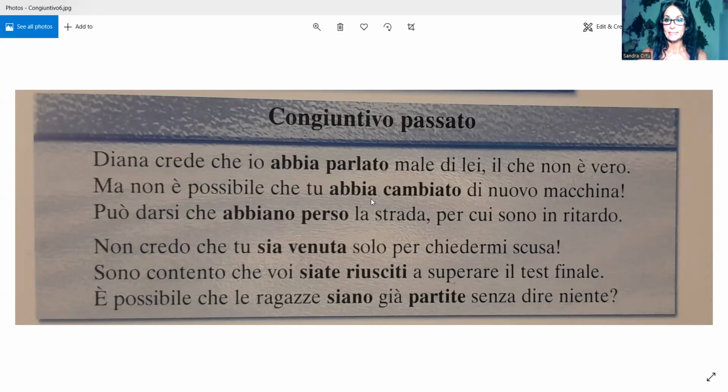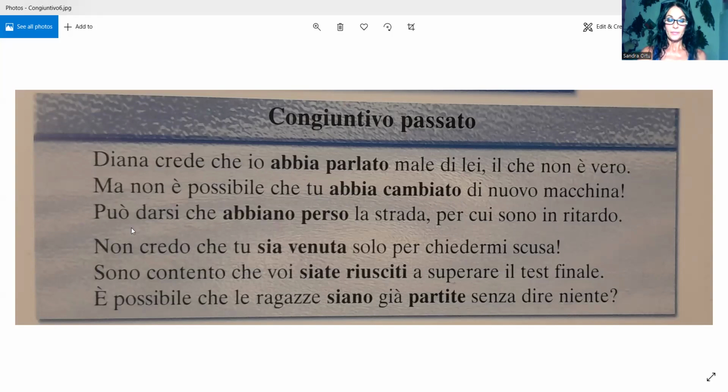Remember, the first three persons, io, tu, lui, lei, have exactly the same conjugation. Because they are exactly the same, unlike other tenses where we tend to drop the subject pronoun, here we put it in the sentence. We have io here, we have tu here. And then cambiato, changed, the participle of cambiare.